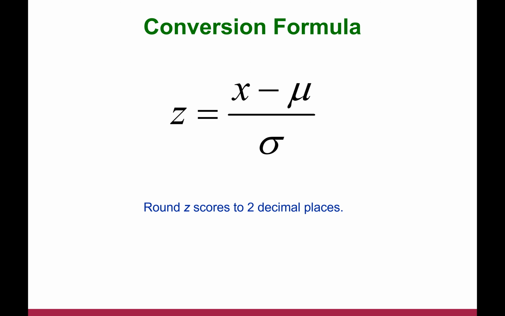We use the conversion formula z-score equals x minus mu over sigma. Here x represents a continuous random variable, mu represents the population mean, and sigma represents the population standard deviation.